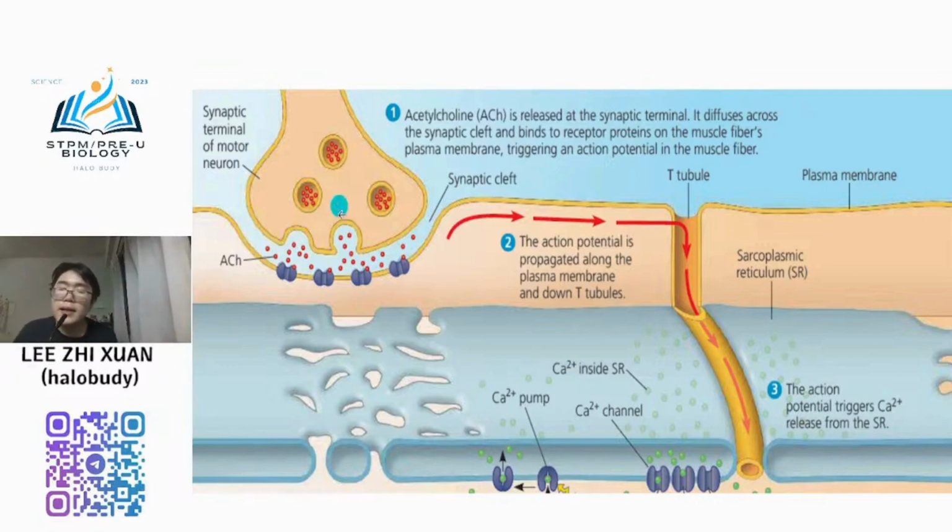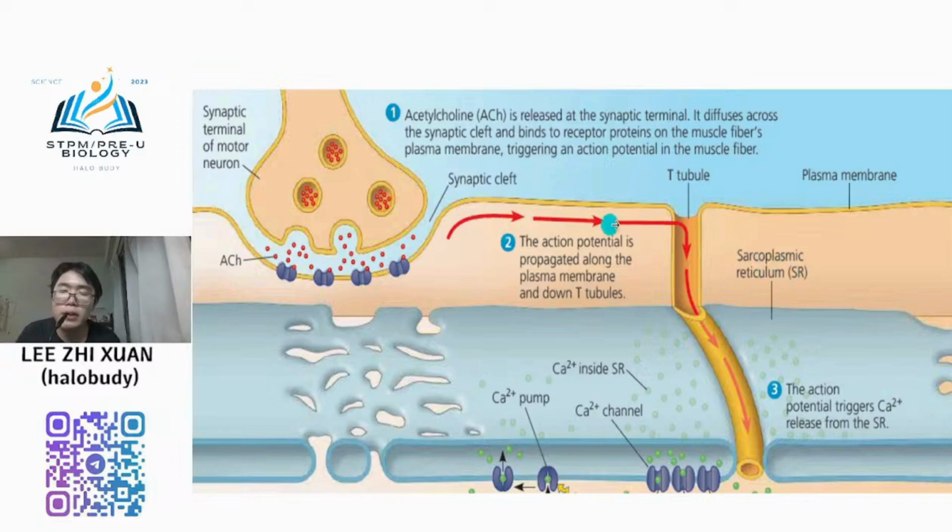This is one of the mechanisms, but for now I don't want to explain the mechanism first. I just want to show you the structure. On the surface membrane of the muscle tissue, there are neurotransmitter receptors for the binding of the neurotransmitter, which then trigger the action potential of the plasma membrane of the muscle tissue.